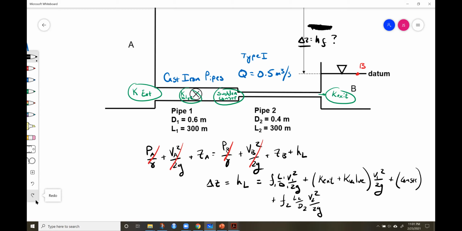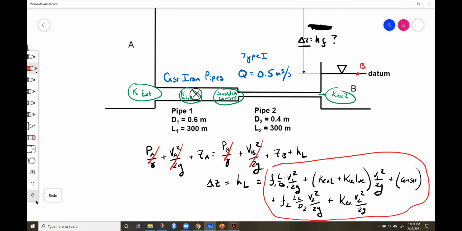We know that'll be different. And then we also have this minor loss. So K exit V2 squared over 2G. All right, so we got a lot more terms to deal with in this neck of the woods, right? But we'll keep track of it. It'll be okay.